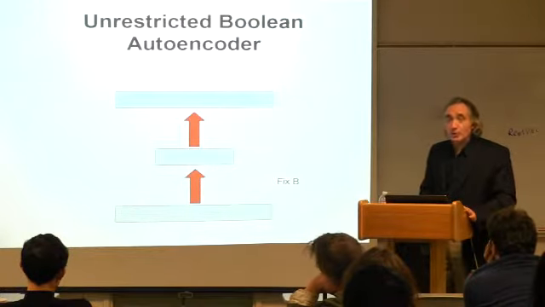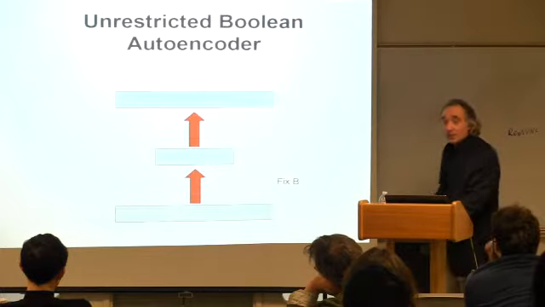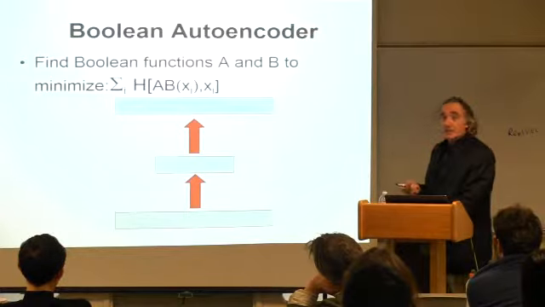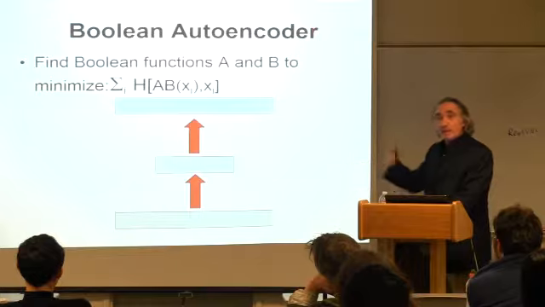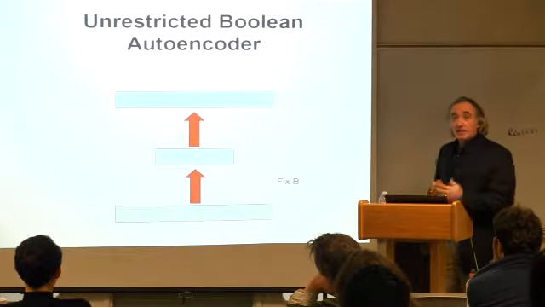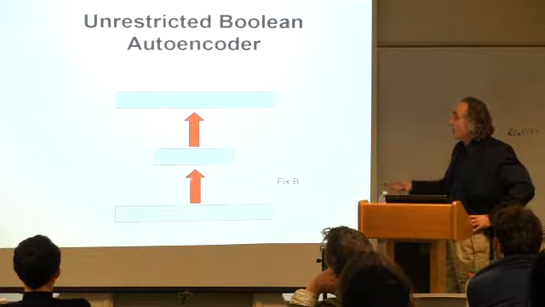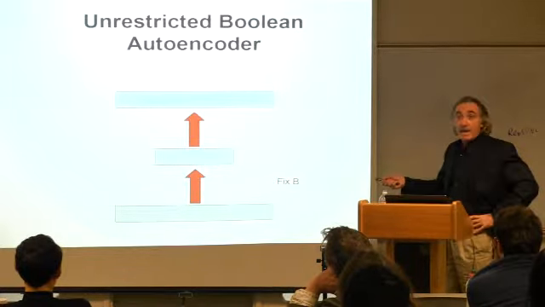So I'm going to show you that this system is doing clustering in some precise sense that you will see in a second. So the best way to show you that is let's try to understand what happens if you fix B, you try to optimize A, and vice versa. And let's start with the easy part, which is we fix the deep layer. We fix B. Let's try to optimize A, right?